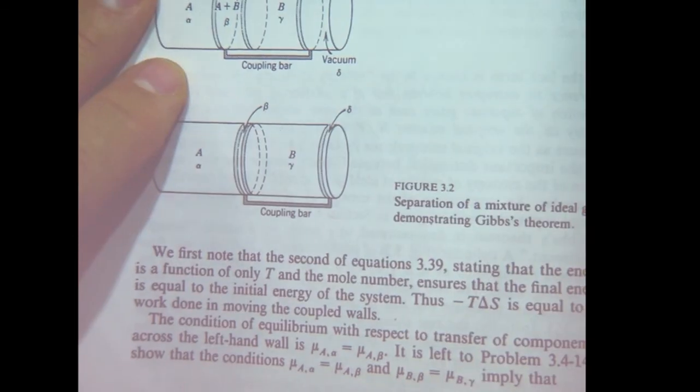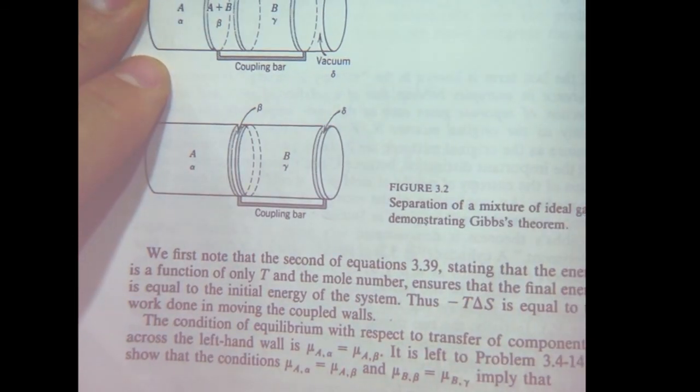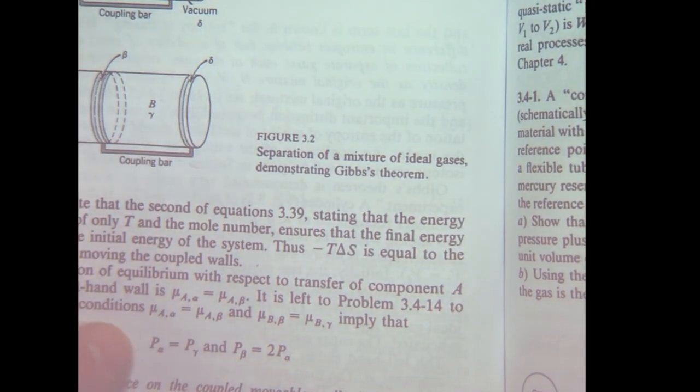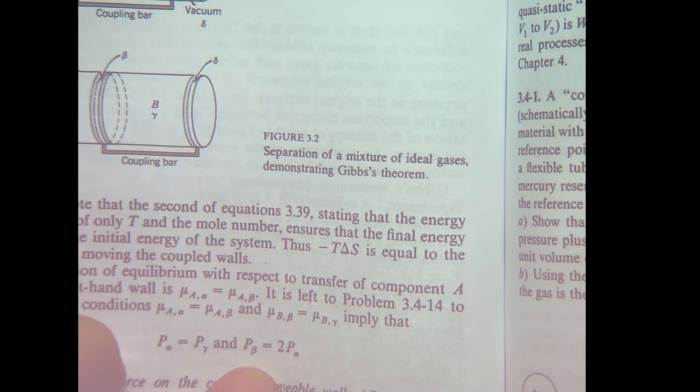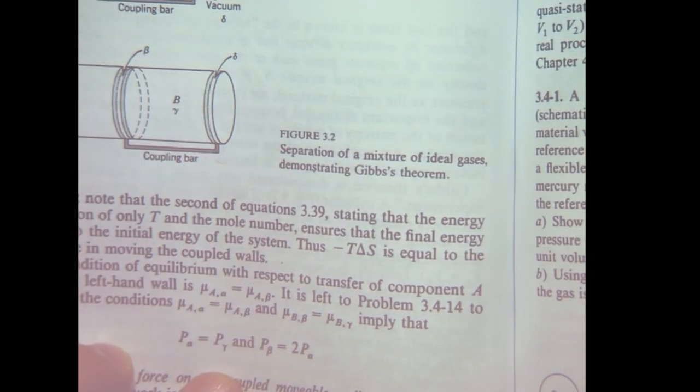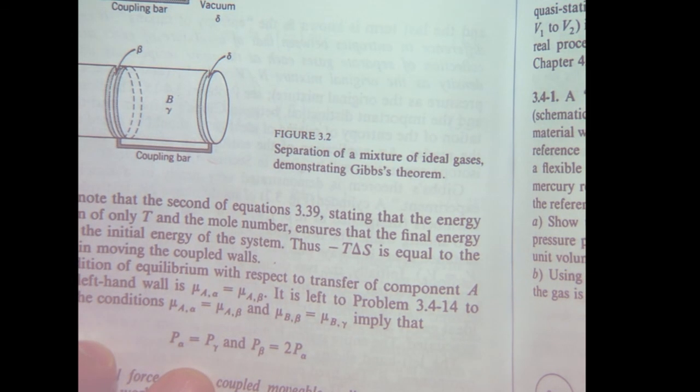But from the equilibrium conditions, we found that P alpha equals P gamma and P beta equals 2P alpha, so P alpha minus P beta plus P gamma is P alpha minus 2P alpha plus P alpha, which is 0.